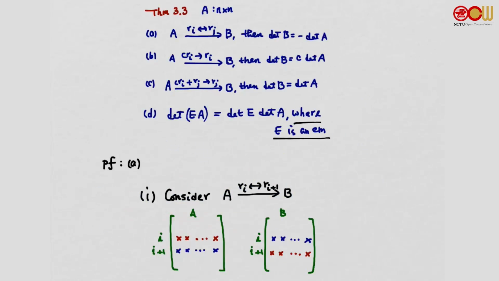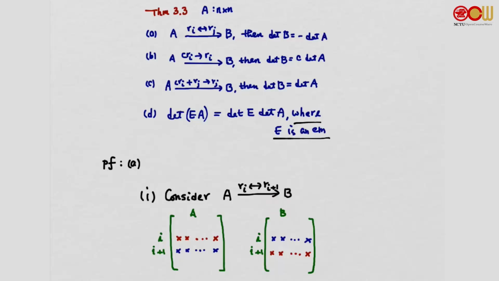Now let's do the proof of A. The proof of A is the result on the determinant when we do a row interchange of row I and row J. Let's consider first the simpler case where we interchange the adjacent rows I and I plus 1.